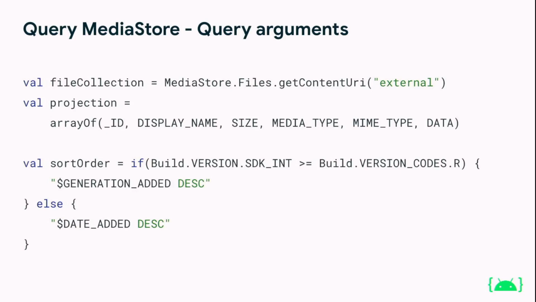You can actually change it. From Android R, we've added this generation added file attribute where you can't fake that. So that's maintained by the system rather than by looking at the file. And in this way, if you really want to make sure that you get all the oldest files first or all the newest files, you can just rely on that.